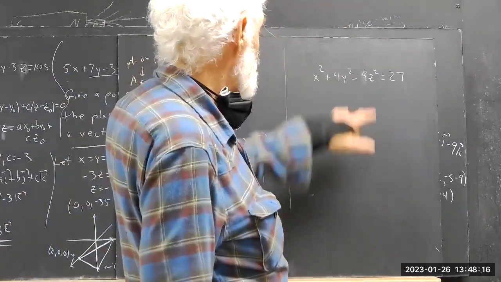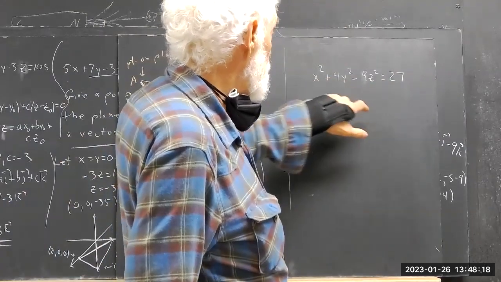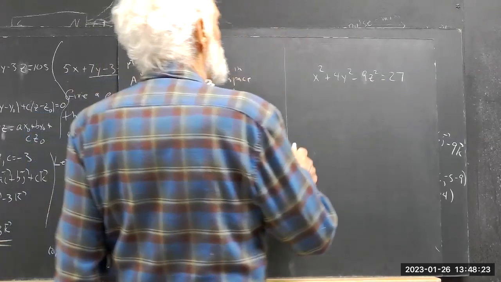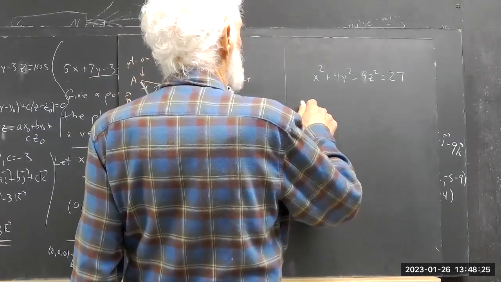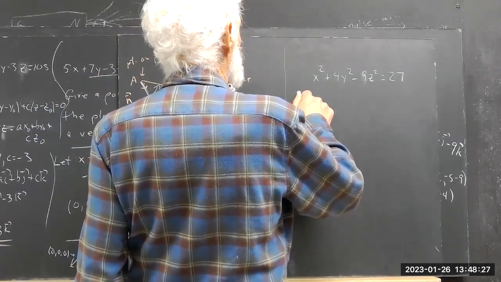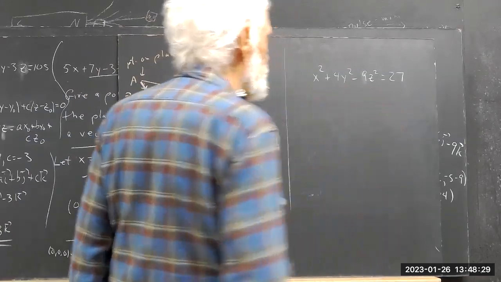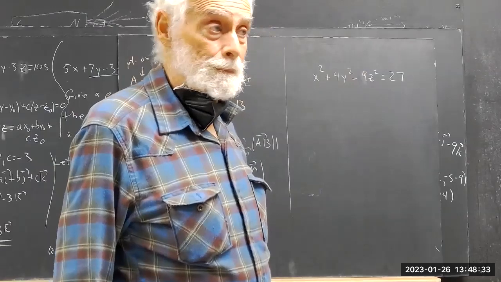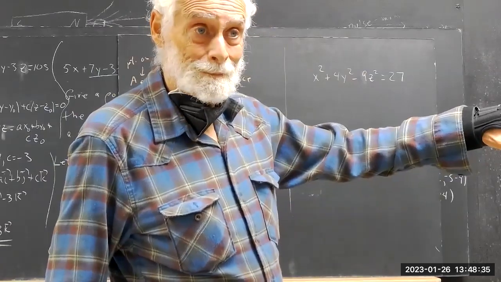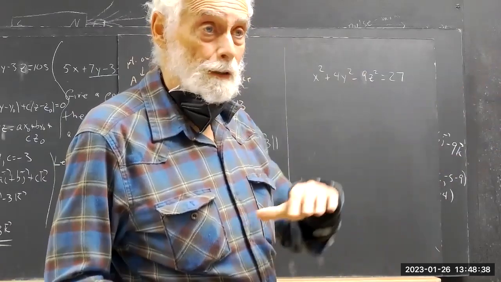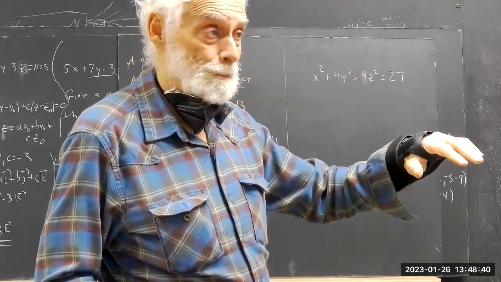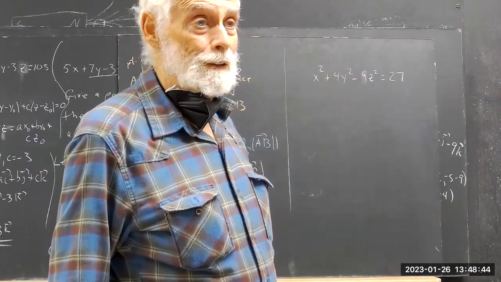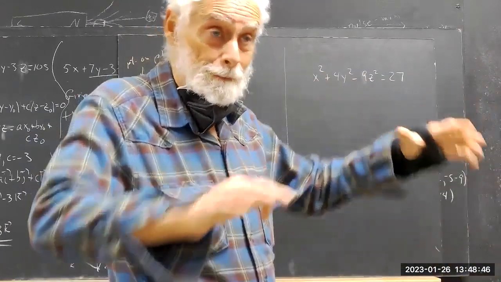Setting y equals 0 and so on, you get the z intercept, etc. This describes a surface. If it's first powers of x, y, and z, you'd have a plane, which is kind of analogous to a straight line. If you have second powers, then you don't have a plane, you have curves.